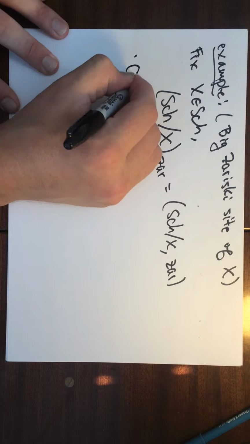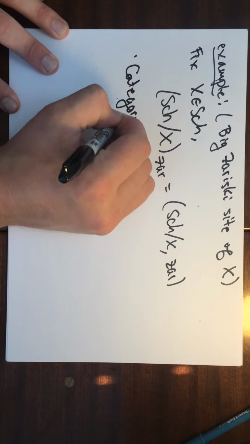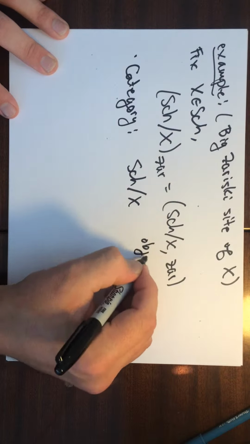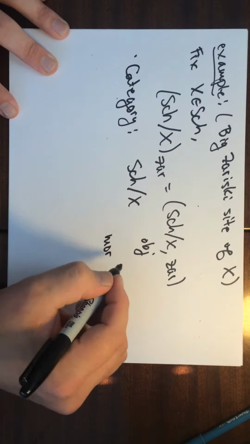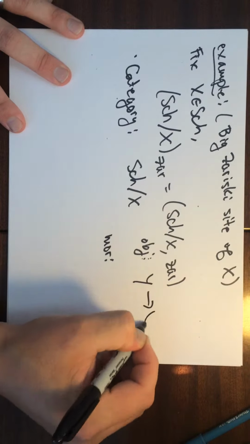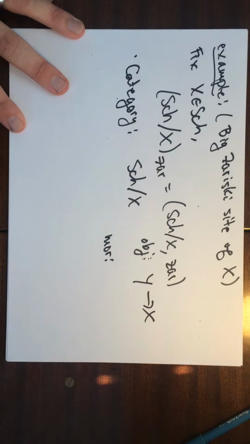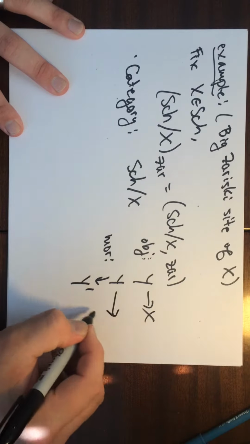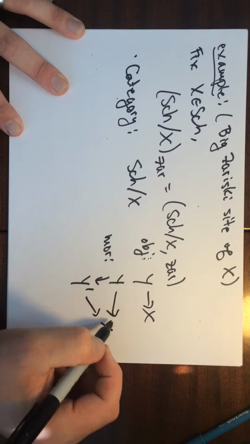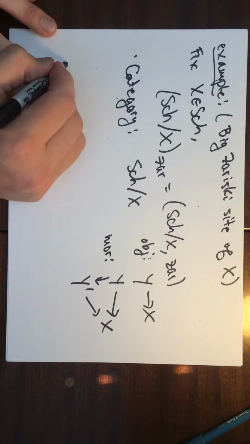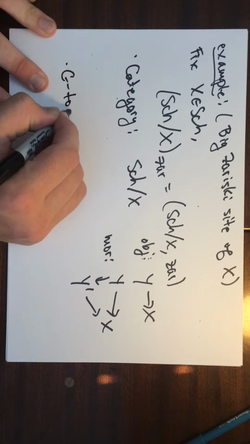So the category here is just going to be schemes over X. So again, the objects are maps like this, kind of an over category, and the morphisms are diagrams like this. So a morphism between these two objects is one of these. And then we need to talk about the Grothendieck topology.